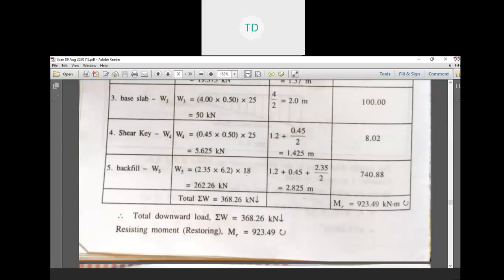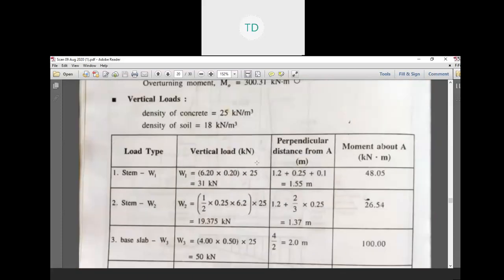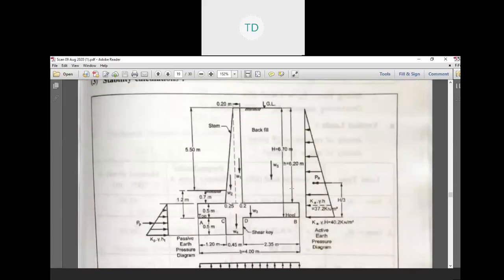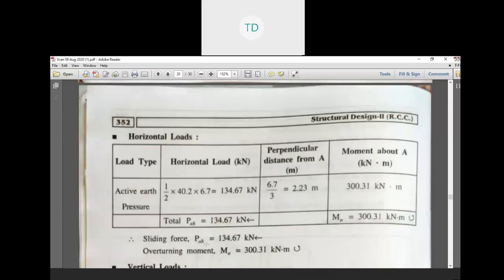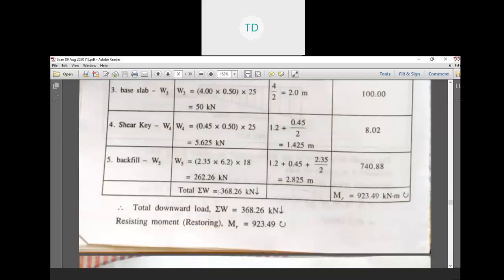Now the last point is W5, the backfill. The area of backfill is 6.2 into 2.35, and the perpendicular distance is 2.35 divided by 2 plus 0.45 plus 1.2. Let us check and confirm and complete the vertical loadings: 2.35 into 6.2 into 80.